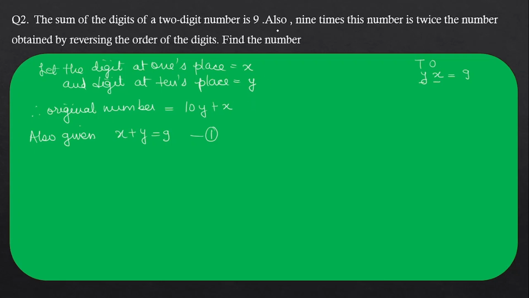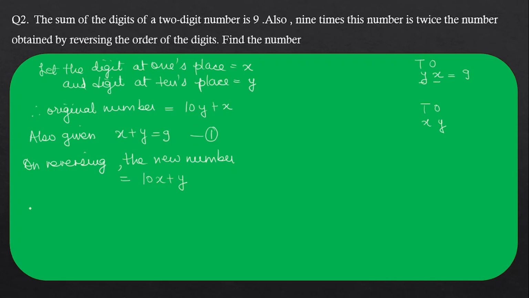What additionally is given? Also, 9 times this number is twice the number obtained by reversing the order of the digits. Now, the same number, if I reverse the order of the digits, will become xy. But again, x and y are just the digits. So, what will be the number? On reversing, the new number is 10x plus y. The relation given in the second statement is between the original number and the new number.